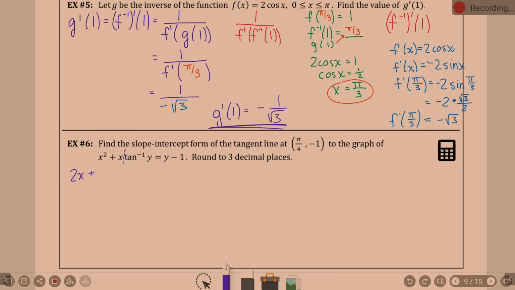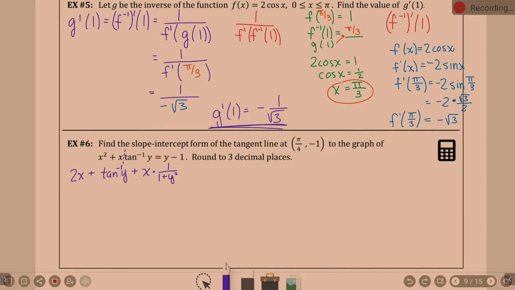Okay, so product rule. Derivative of the x is 1 times tangent inverse y. Product rule says plus. Now I'm going to keep the x. What's the derivative of tan inverse of something? Okay, so 1 over 1 plus u squared, and then chain rule times u prime.